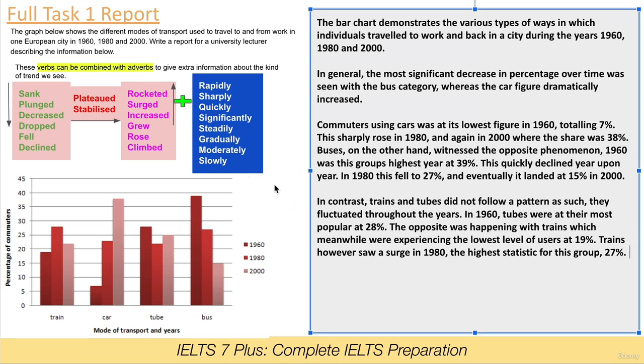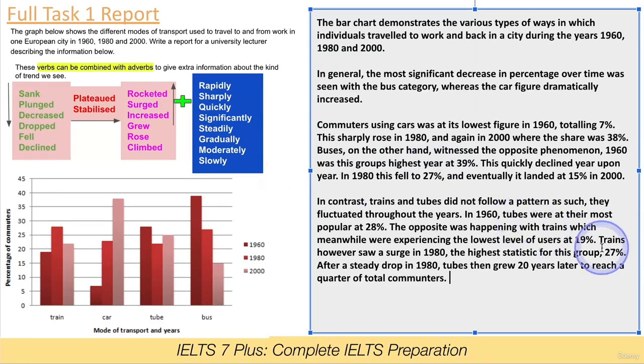So we can talk about after a steady drop in 1980, tubes then grew 20 years later to reach a quarter of total commuters.